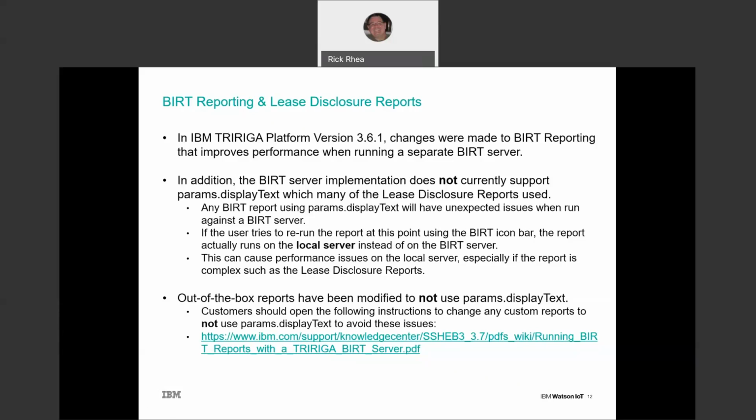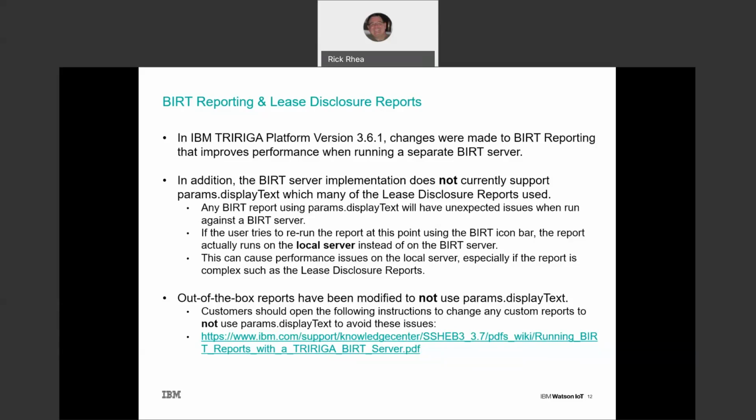And on top of that, if the user tried to rerun the report at this point, it would run properly, right? And so what we found, and that's using the BIRT icon bar, is that the BIRT icon bar is driven by BIRT. At this point, it's no longer TRIRIGA running the report.